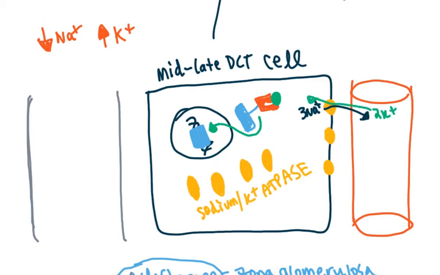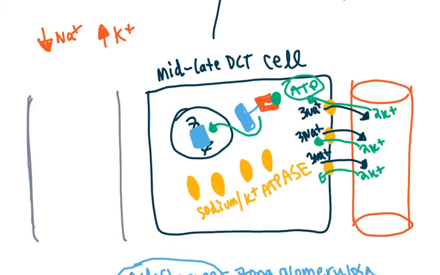And this process uses ATP, and this happens in all of these. So 3 sodium cations will leave, and 2 potassium cations will come in. So see what we're doing here, we're increasing blood sodium levels, and we're also decreasing blood potassium levels, which is what the initial trigger was for aldosterone secretion.